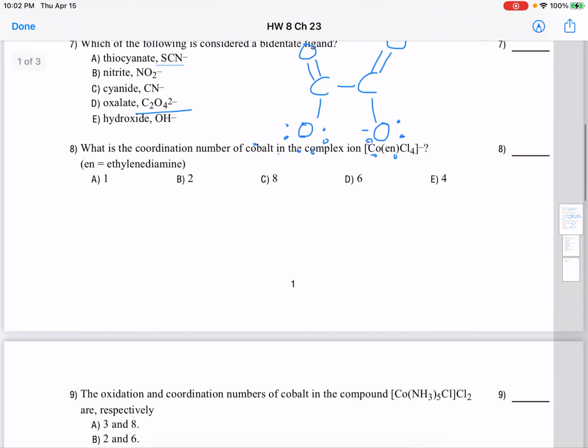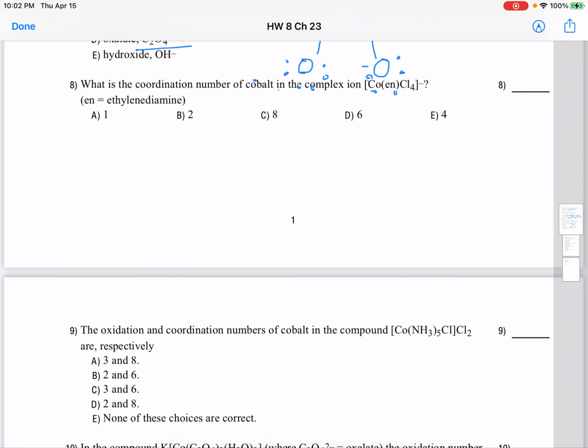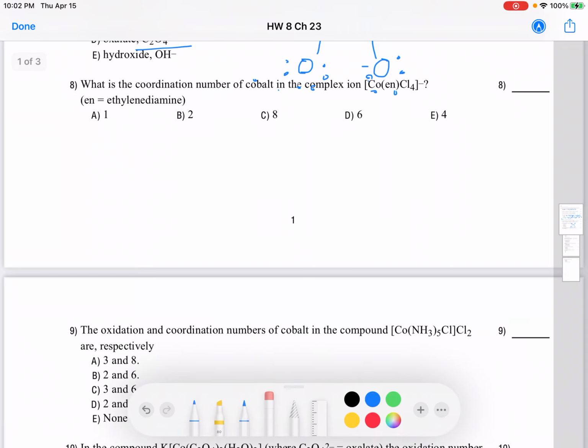Number 8, what is the coordination number of cobalt in the complex ion given here? Coordination number is how many ligands are connected to the central atom. But some could be bidentate ligands, so then there are two sites that it can coordinate. Now here the central atom is cobalt.